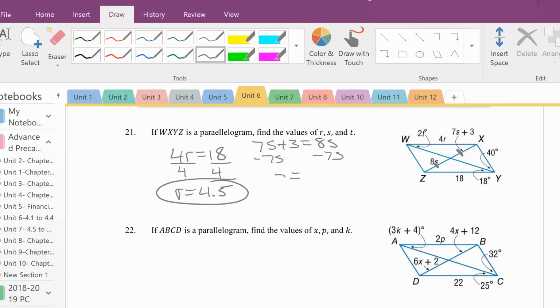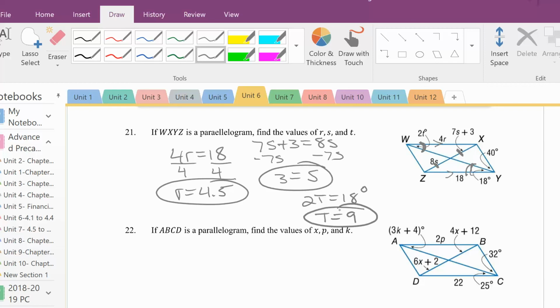So you get S is equal to 3. And then for T, remember, since these are parallel, these two are alternate interior angles, so they're the same. So 2T is equal to 18, so T is equal to 9.